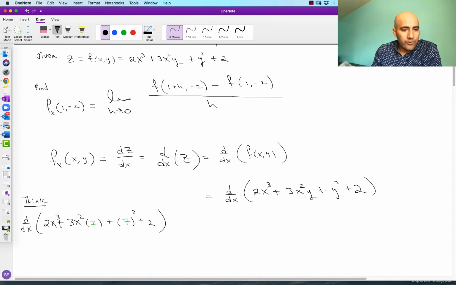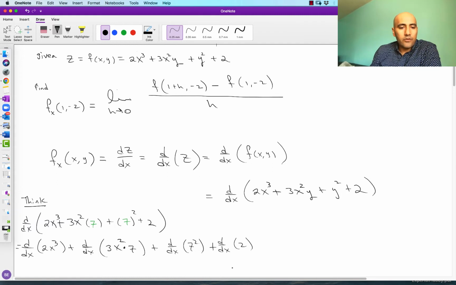If we were taking the derivative of this function, then the derivative of the first part here, right? Well, actually, let's just take a couple steps here. This is equivalent to the derivative of the 2x cubed plus the derivative with respect to x of the 3x squared times another 7, plus the derivative with respect to x on the 7 squared plus the derivative with respect to x on the 2.